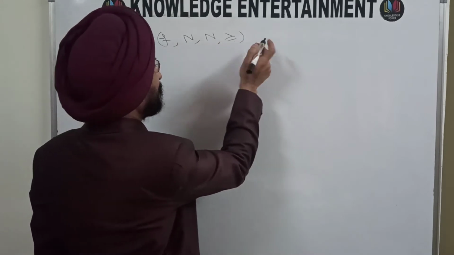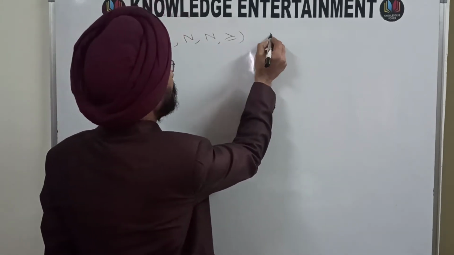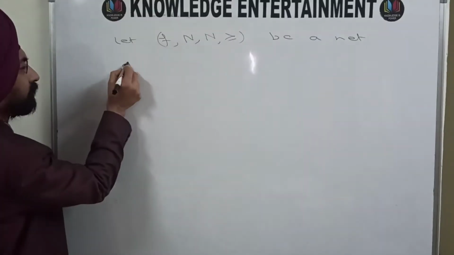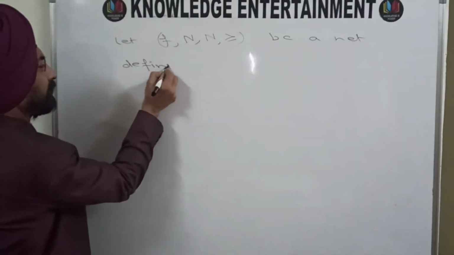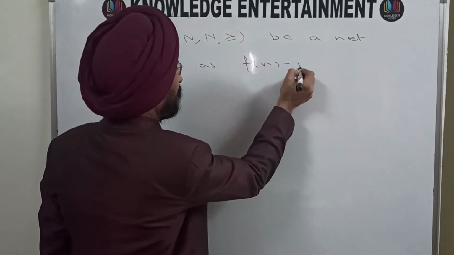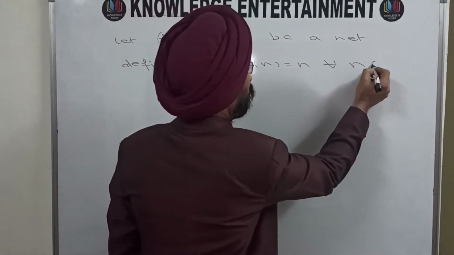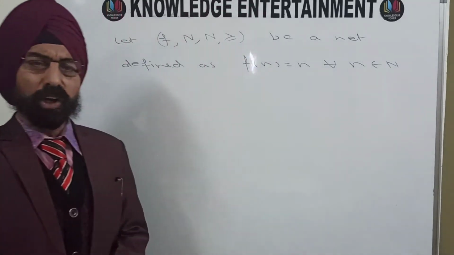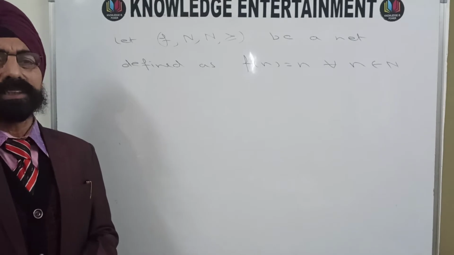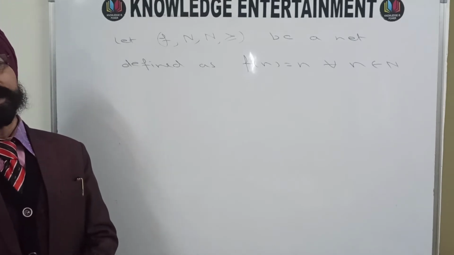Let this be a net defined as f(n) = n for every n belonging to N. Now look that this net now has no cluster point.